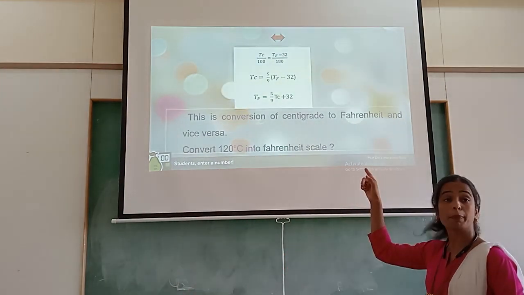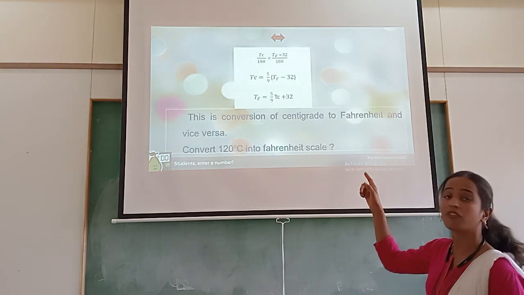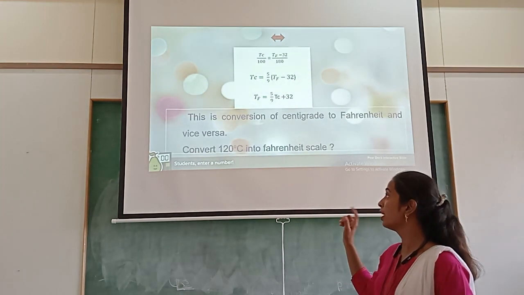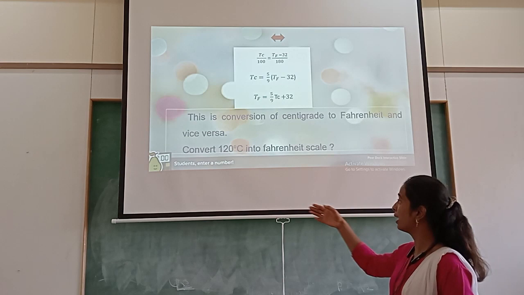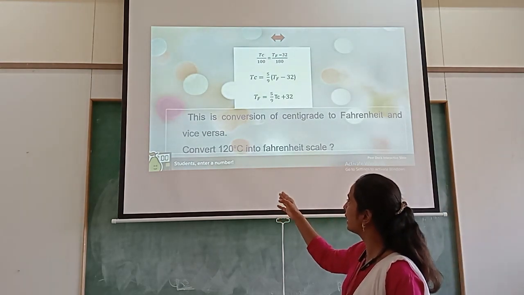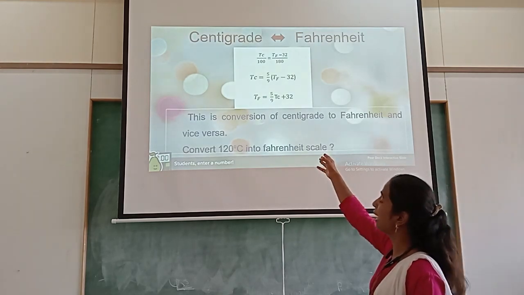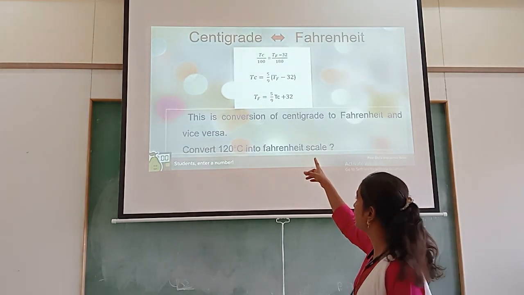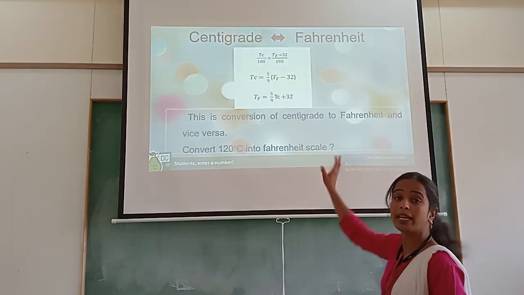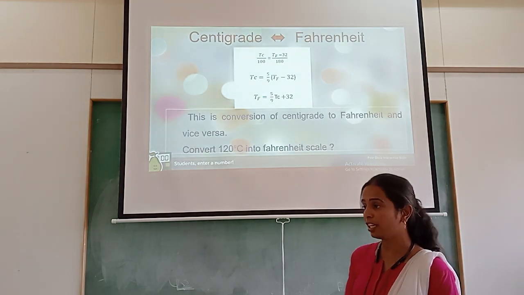Tc means the temperature in degrees centigrade and Tf means the temperature in Fahrenheit. As an example, we can convert 120 degrees centigrade into the Fahrenheit scale by putting 120 at the Tc position and calculating the temperature in degrees Fahrenheit.